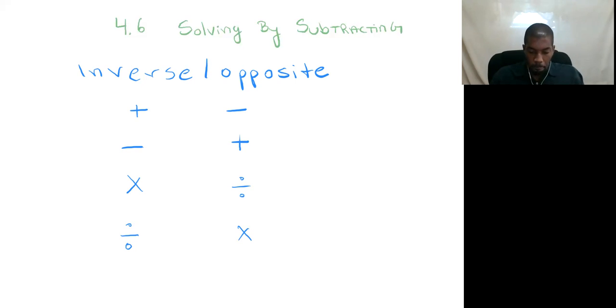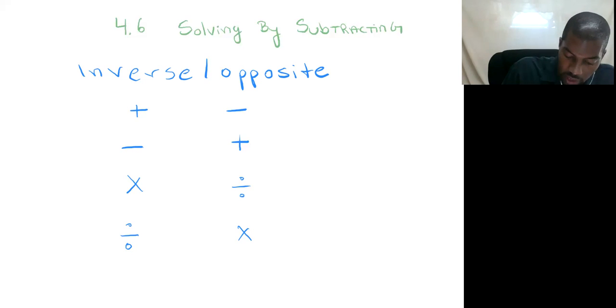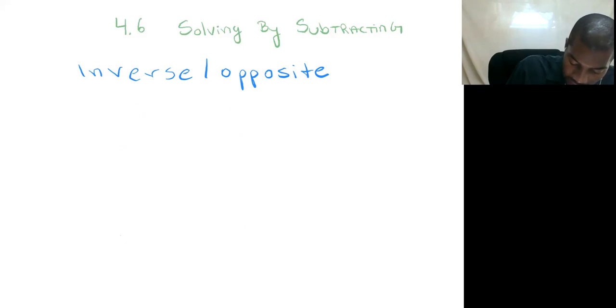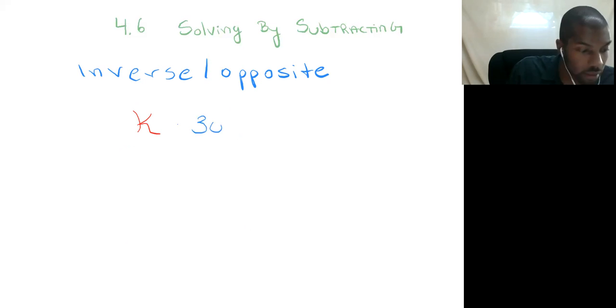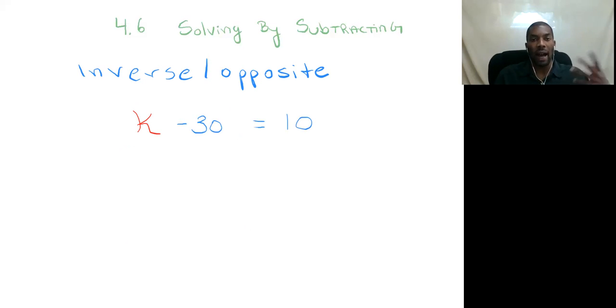Now, what we're going to do today is solve subtraction problems using addition. So here is an example. Let's say we have the equation k, which is some number we don't know, minus 30 is equal to 10. Well, how do I solve it?